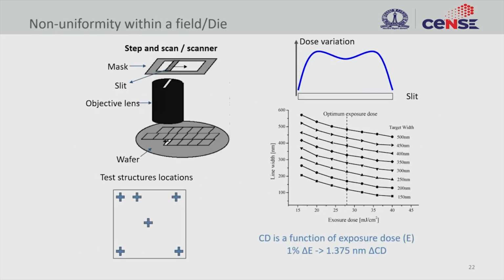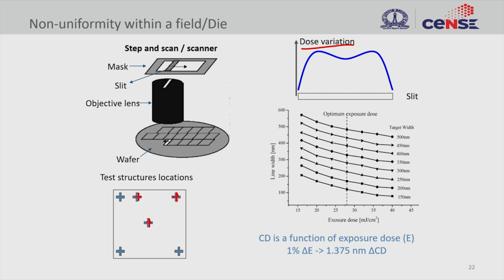So your lithography can also bring in non-uniformity. This is something that we already discussed, right? So the position of your device within your chip can also play a role, because when there is a non-uniformity in the dosage that is illuminated across your die, you will have various line widths, right?